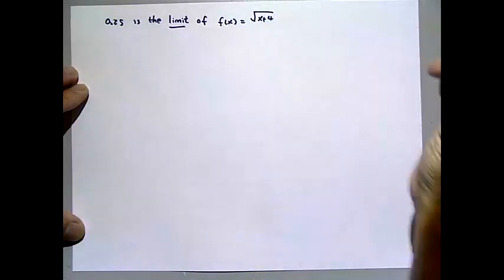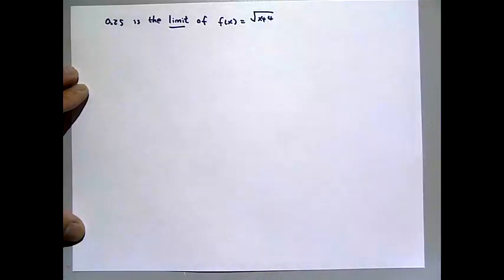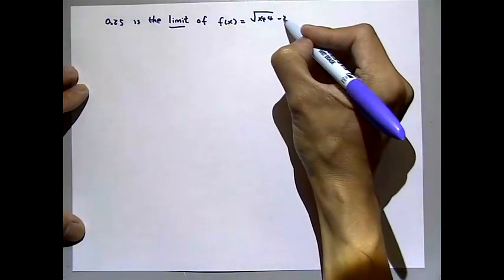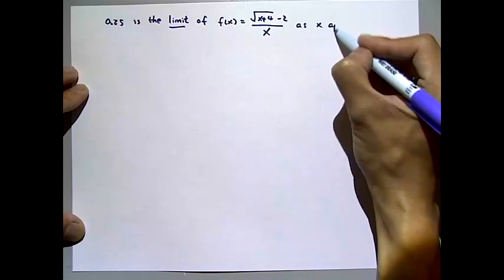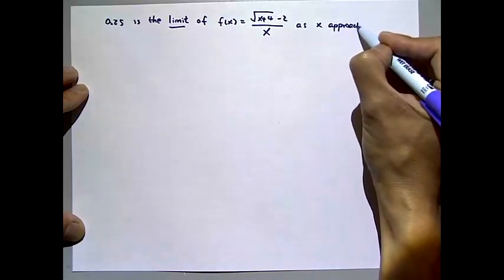So that thing is called the limit of this function radical x plus 4 minus 2 over x as x approaches 0.